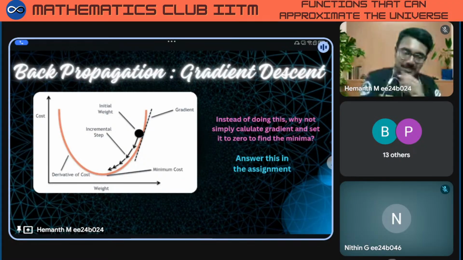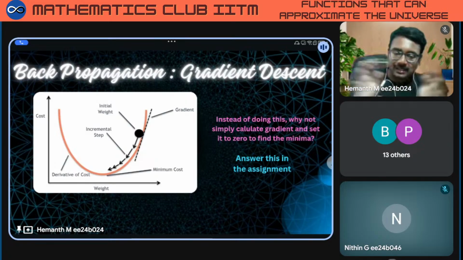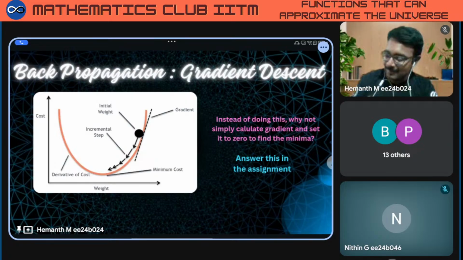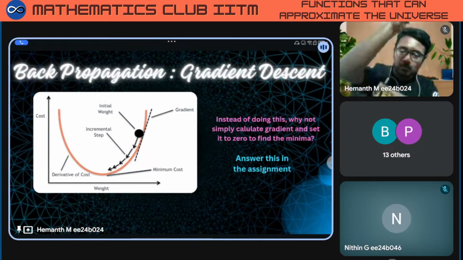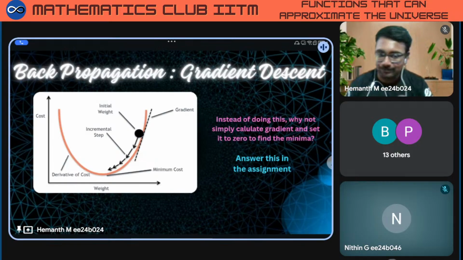Then as I proceed in training, the step size becomes smaller and smaller, and this ensures that after some large number of steps, I will converge at this minima. I won't overshoot it and go in the opposite direction again. Sometimes that happens when we have very large learning rates, so you can check that out later after this session.